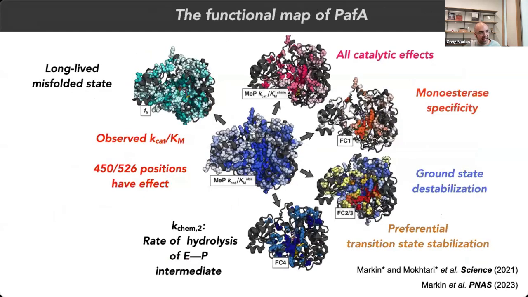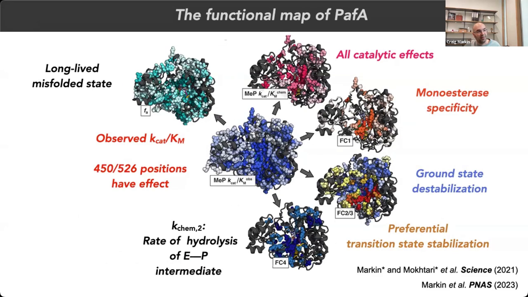Ultimately, what we were able to do in this and some follow-up work that came out last year was to go further and identify effects on additional and different aspects of function. Again, I don't have a great deal of time to go through the whole project, but many of these mutations actually cause folding deficiencies. They cause the enzyme to irreversibly misfold. So we were able to separate misfolding effects from effects on catalysis.